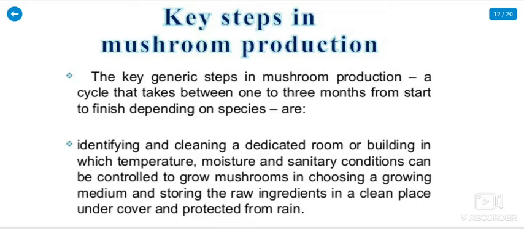Identify and clean the building, with control of temperature, moisture and salinity. Sanitary conditions must be controlled when growing mushrooms. Choose a growing medium and store the raw ingredients in a clean place, and cover the produce from drying.